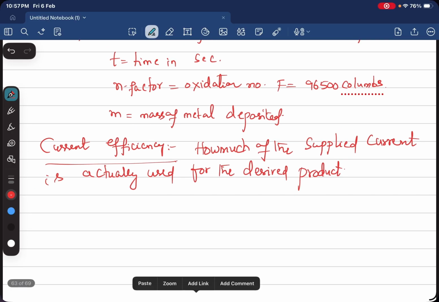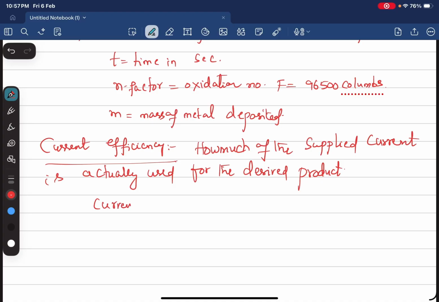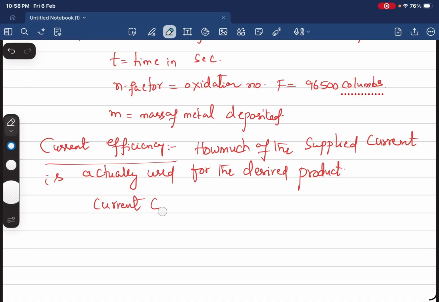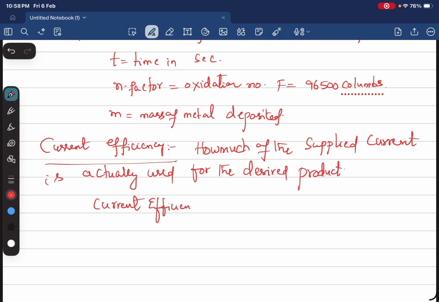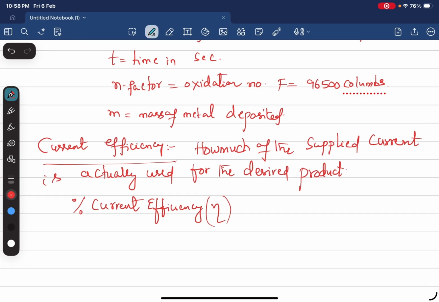The current efficiency, or current capacity, we indicate with the eta symbol. Percentage current efficiency equals actual mass deposited, actual mass obtained, to theoretical mass, into 100.